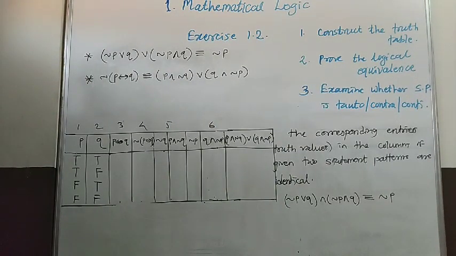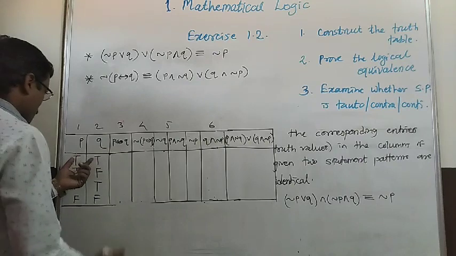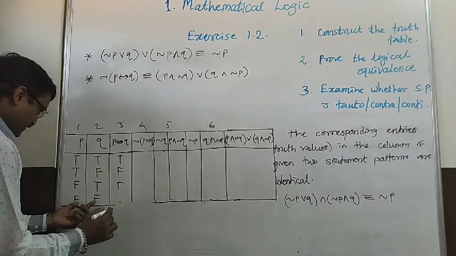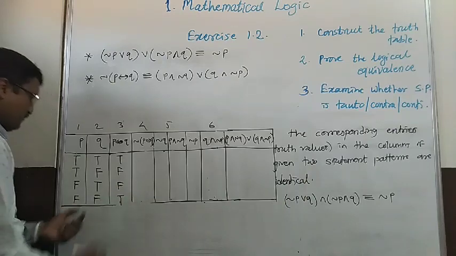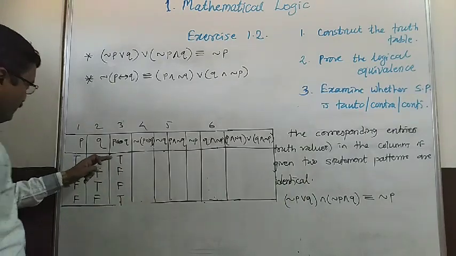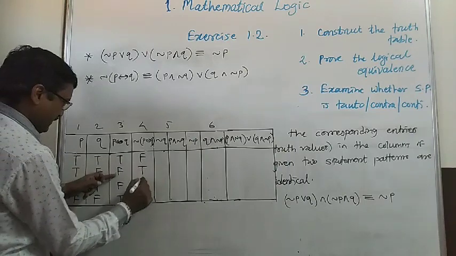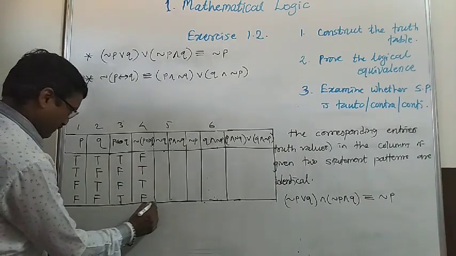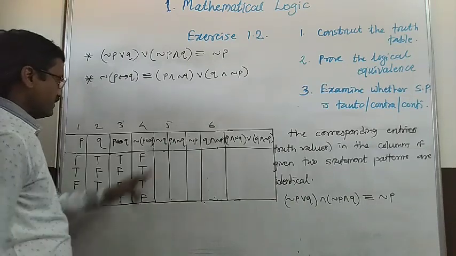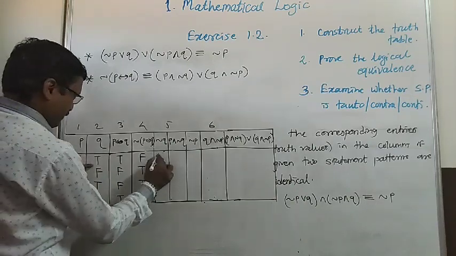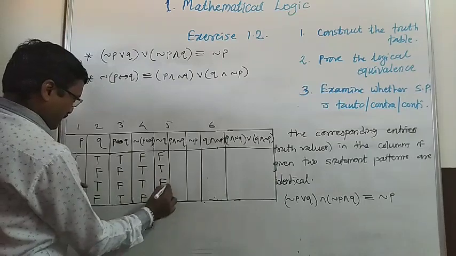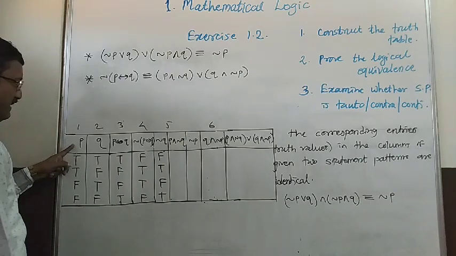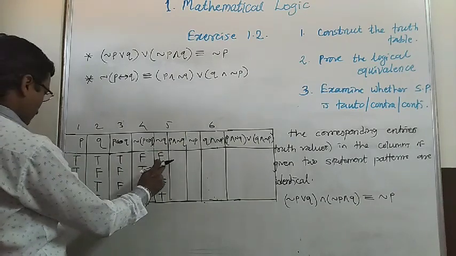Okay, let's complete this. By the conditional, both are same, so T. Here both are same, so T. Negation of this is F, T, T, F. Then next, negation of Q, that is F, T, F, T. Next, P and negation Q, the conjunction of these two.